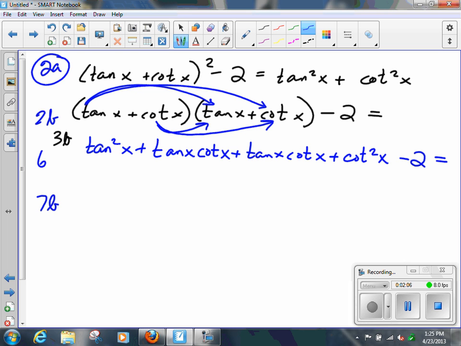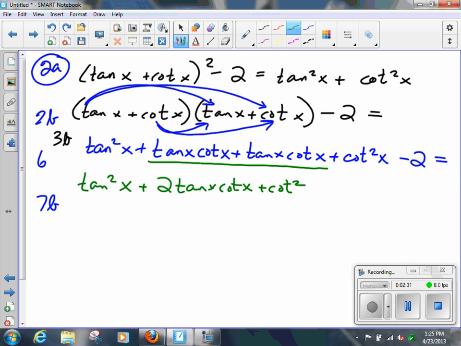And I've got all that right side I haven't done a thing with. Now, folks, that's a perfect square trinomial. What is 1TC plus 1TC? 2TC. That means it's going to be tangent squared plus 2 tangent cotangent plus cotangent squared x minus 2 equals the right side, which I'm not going to mess with.